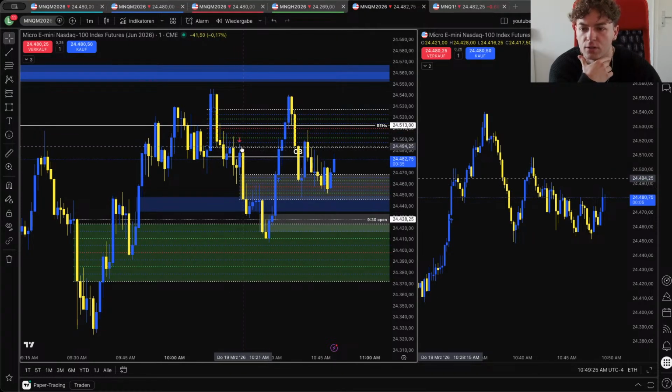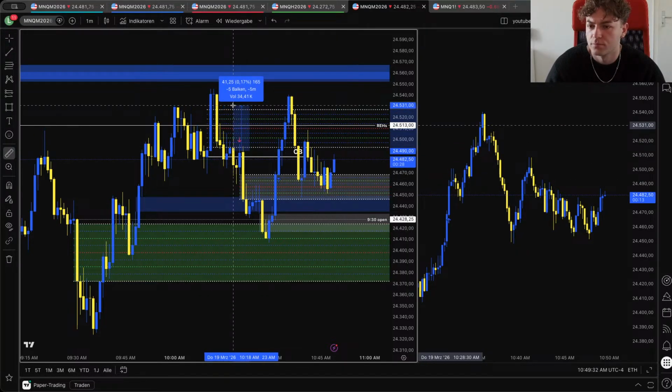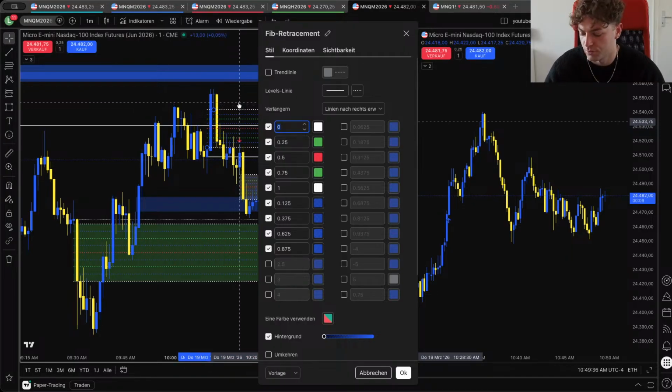Going short in here initially with two micros, I don't want to have too much risk.